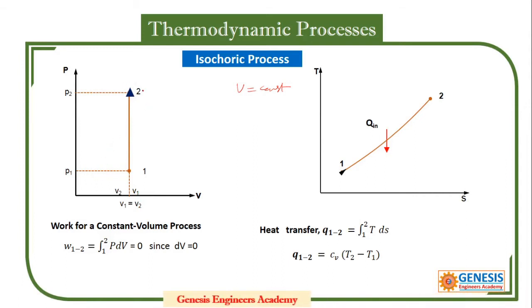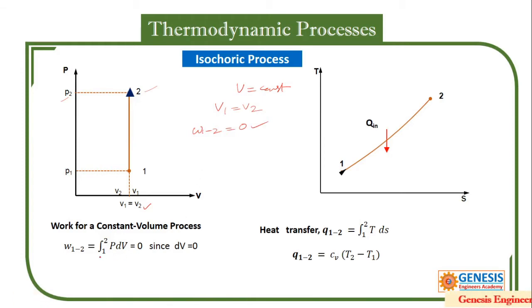At state 2, the pressure is P2 and volume is V2, then V1 is equal to V2. Since this process is not forming any area, the work done in this process is 0.